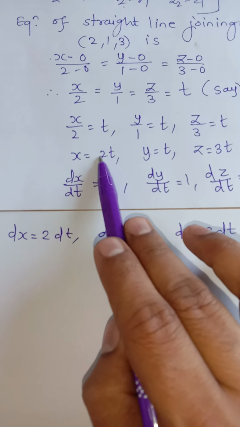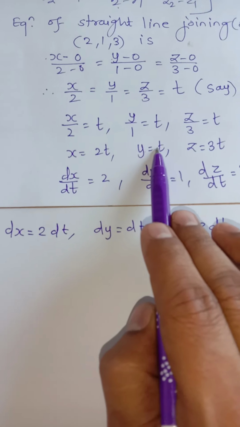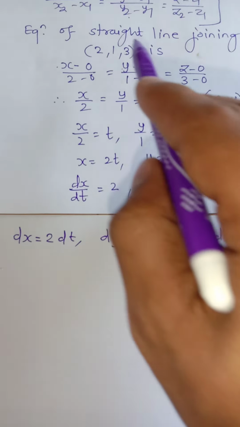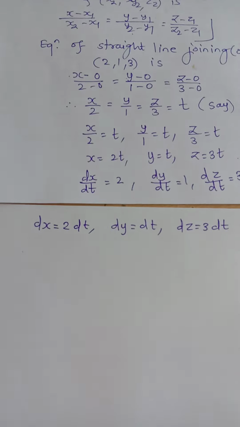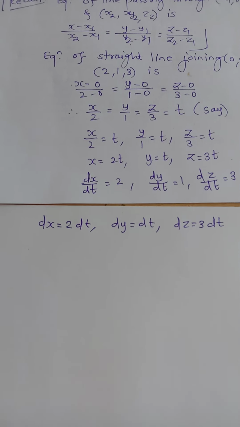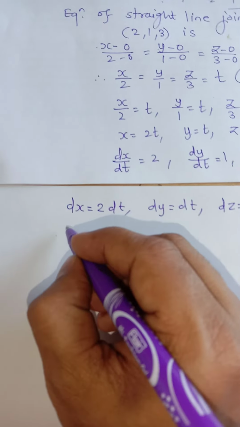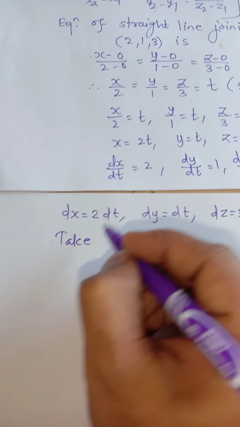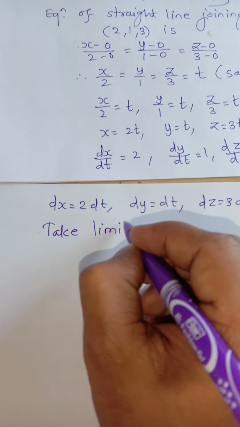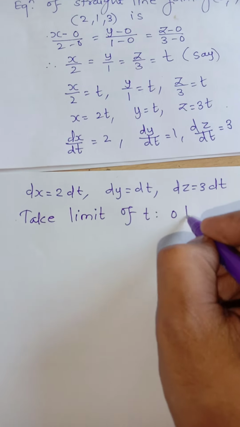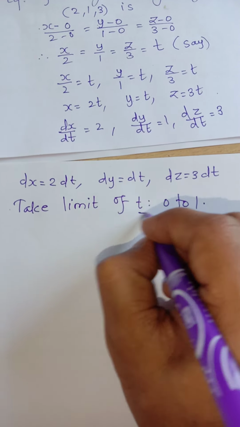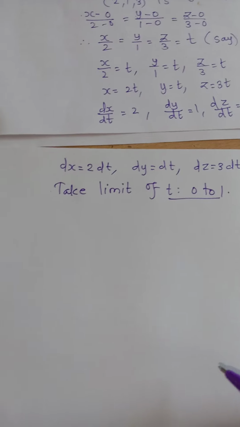So we get x is equal to 2, y is equal to 1 and z is equal to 3. So we get the original points. So the limits of t are 0 to 1.